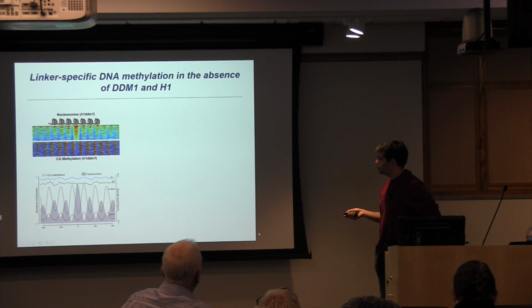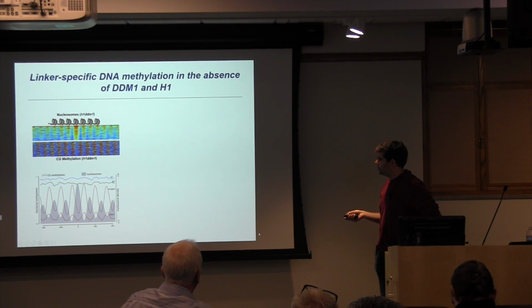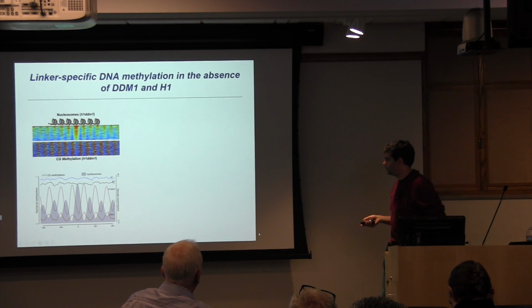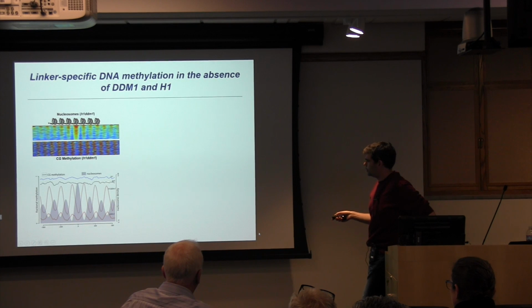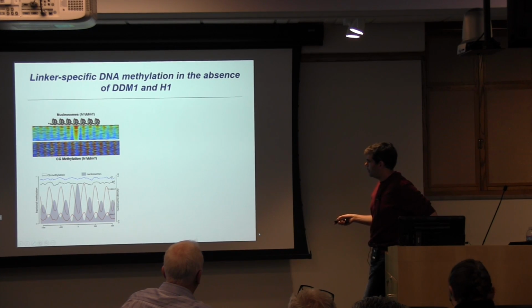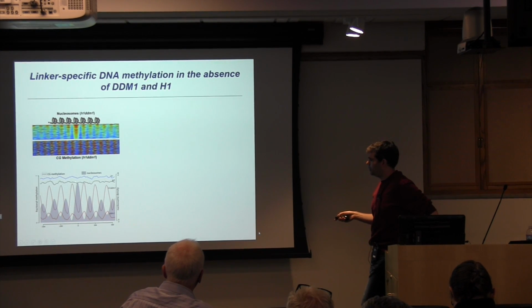The blue is H1, black is wild type, brown is H1 DDM1, and orange is DDM1. So this brown line just represents the average of this data, where DNA methylation is now highly periodic, and it oscillates between very low levels of DNA methylation in the nucleosome cores, where DNA is wrapped around the histones, and nearly wild-type levels of methylation in the linker DNA between nucleosomes.